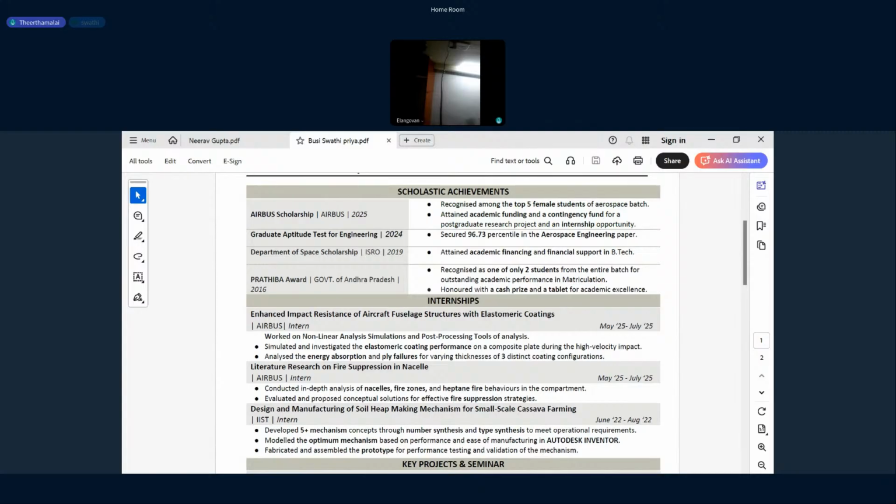DRDO missiles. Agni, Dhanush, Prithvi, BrahMos. Dhanush, where from here the Dhanush? Dhanush is also there, but I don't know how you came to know that.